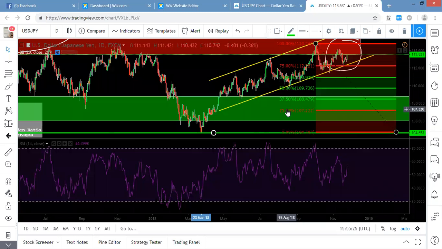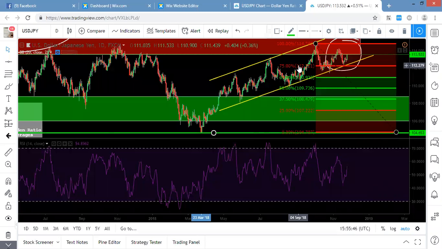Mine are just a little bit different because of the way that I like to calculate my moves. So if you want to duplicate what I've done, you can change the second, third, fourth, and sixth level to 25 and 75. We can talk about that in a minute, but for now, just use what's already there.